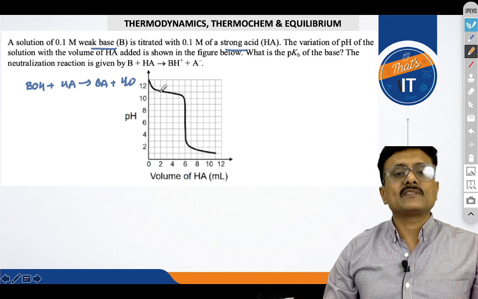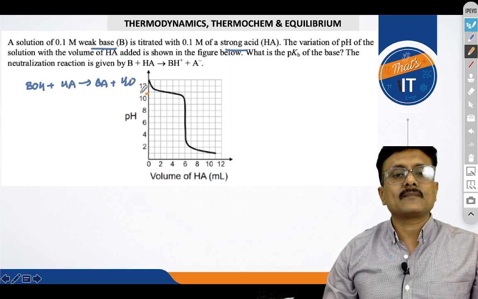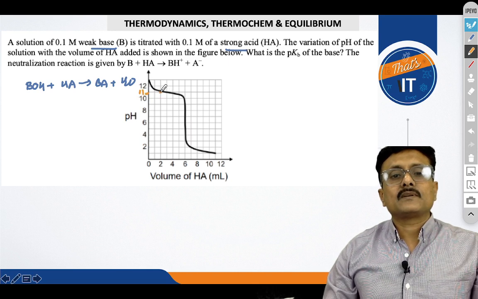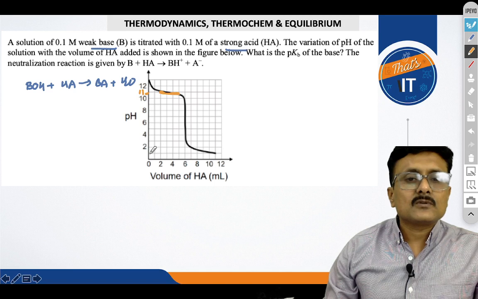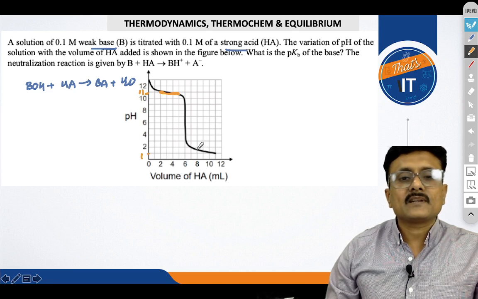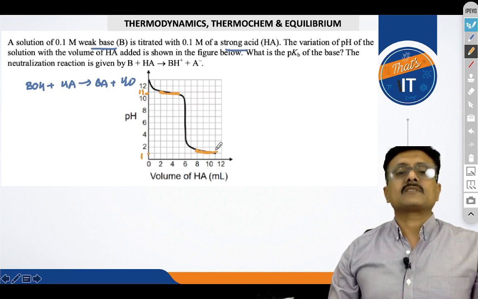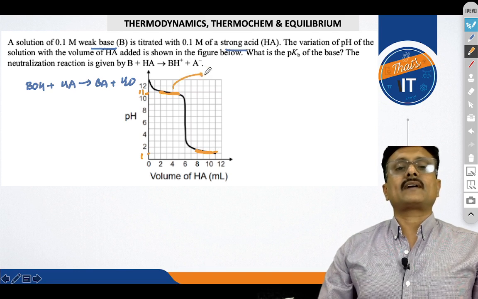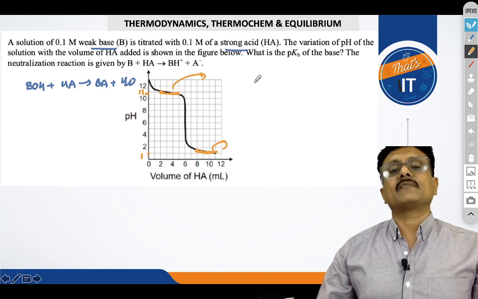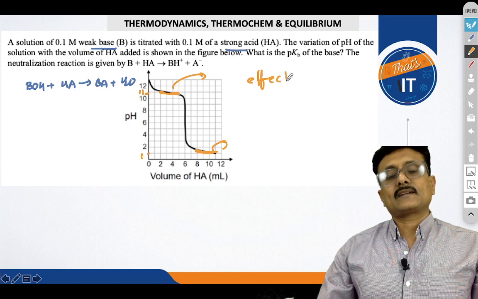Now you can see at two instances, at pH equal to 11, the pH had almost remained constant, and at pH equal to 1 as well, it had remained almost constant. That means these are acting as effective buffers. What are they acting as?